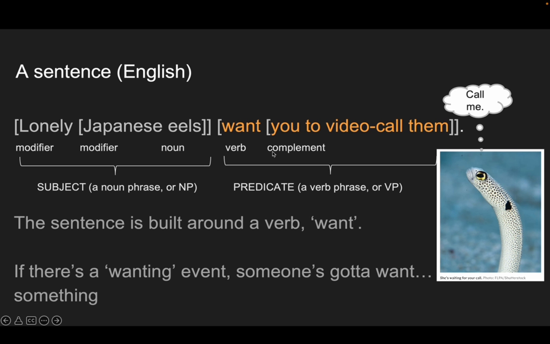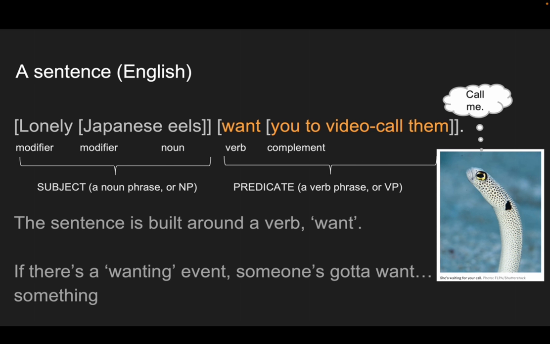In this case, I said direct object, which is true, but it's also more generically the complement phrase of the verb. We'll talk more about complement phrases, but they're essentially the things that satisfy the meaning-based requirements of verbs, right? Some verbs have them, some verbs don't, but want needs a complement. If there's a wanting event, you've got to want something, right?